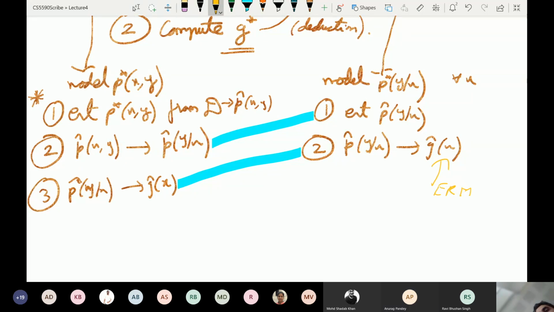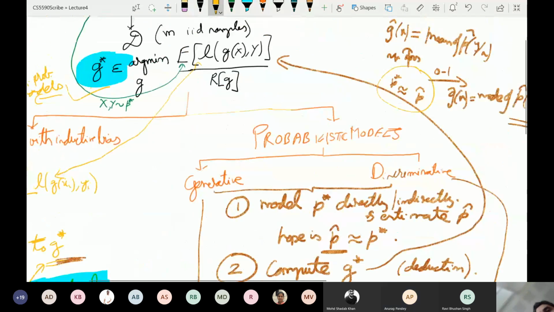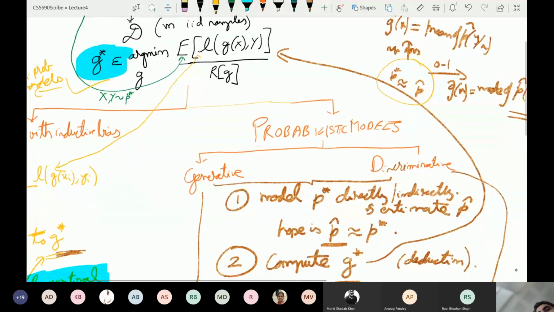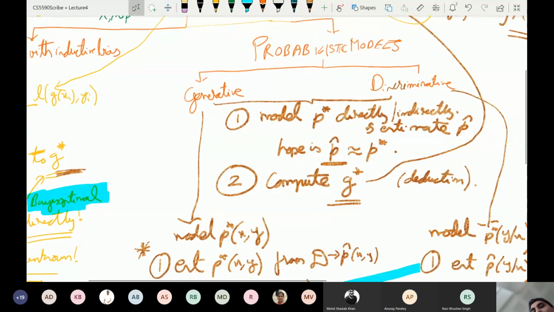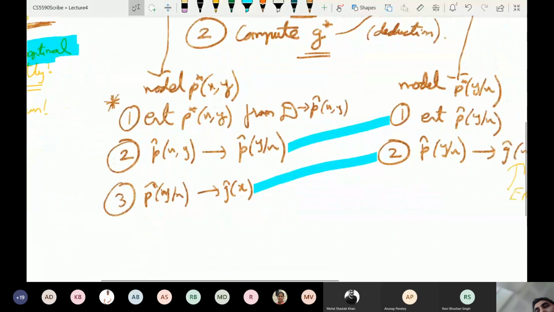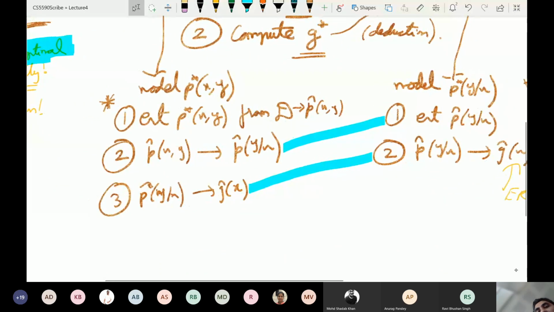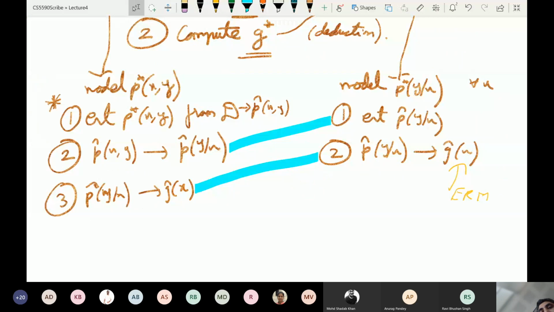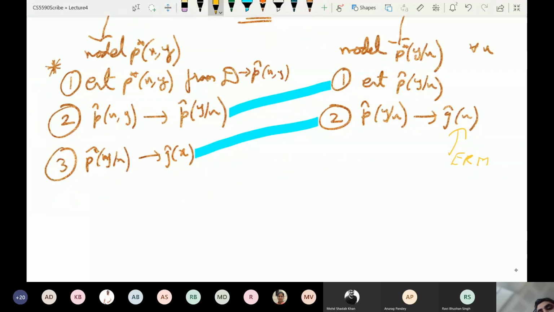Okay, so now somebody asked, why should we do this? What are the advantages and disadvantages? They will be clearer as we cover them, once I give examples. But if I have to answer the question as of now, one advantage of probabilistic modeling is this.